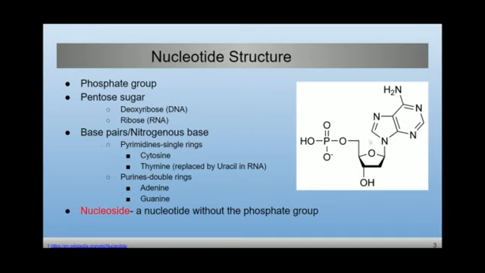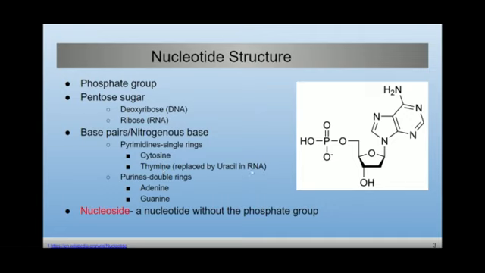As for the third component, this one right here, this is what we call a base, or a nitrogenous base. And we have two classes of these bases. We've got pyrimidines, which have a structure of single rings, and we've got purines, which have a structure of double rings. Cytosine and thymine are the two pyrimidine bases in DNA.